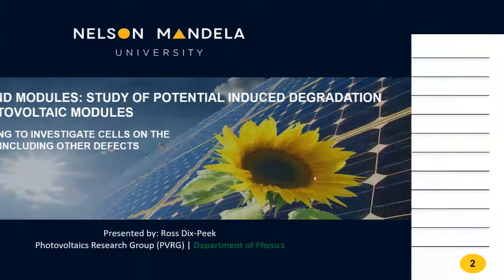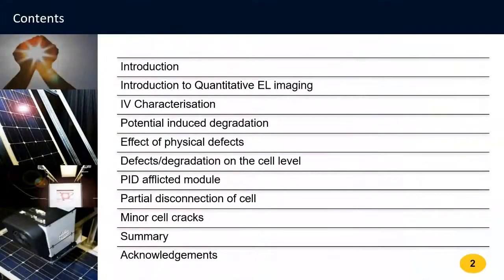Okay, so I'm going to give you a brief introduction to quantitative electroluminescence imaging, where it comes from and how to use electroluminescence in such a fashion. A brief introduction into IV or electrical characterization. You need to know that to make use of the quantitative EL imaging.